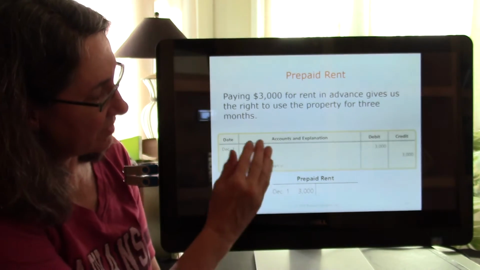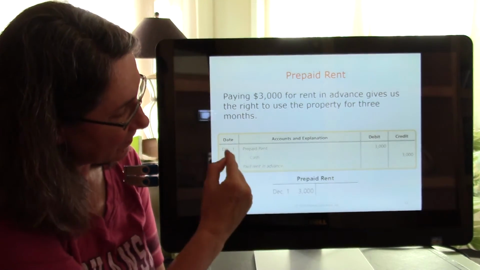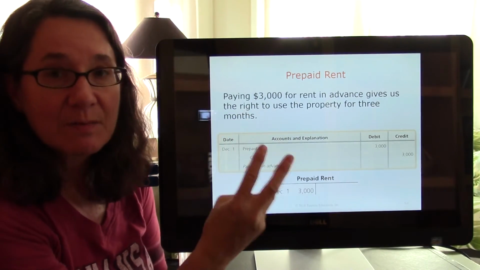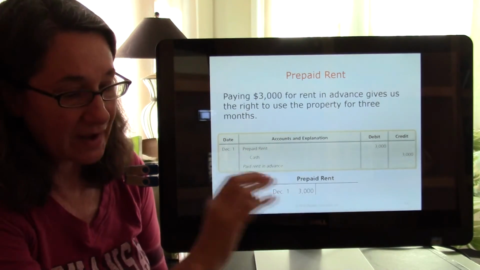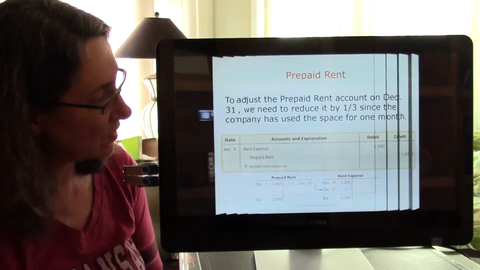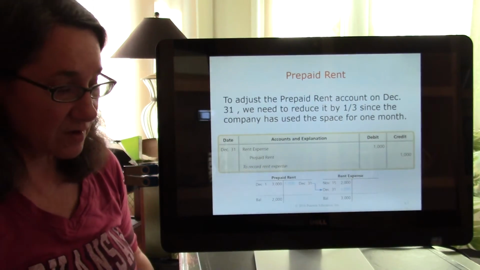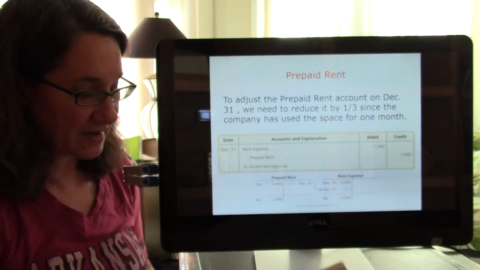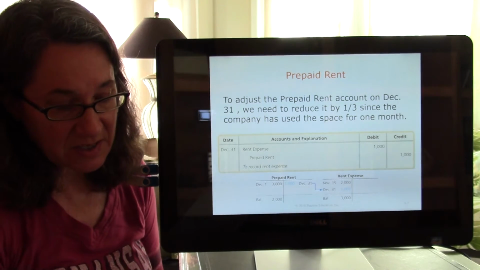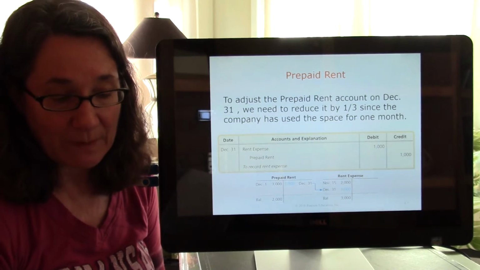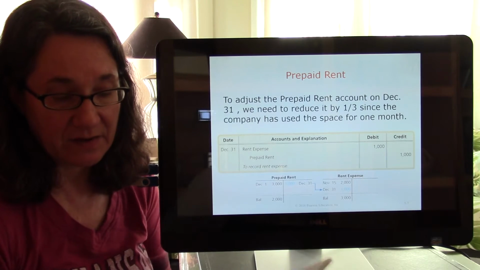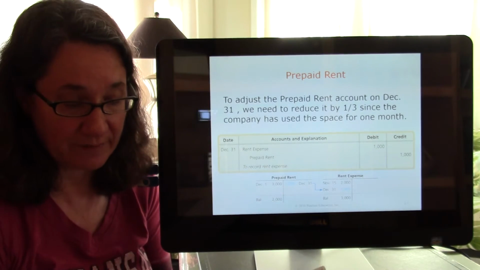All right, so here it is. We put the $3,000 on the books on December 1st. So we have 3 months worth of rent now, prepaid. It's an asset. Well, what happens? A month goes by. By the end of December, Smart Touch Learning has used 1 full month of the rent previously paid. We paid 3, we've used 1.